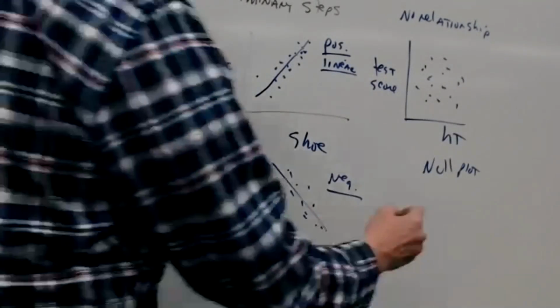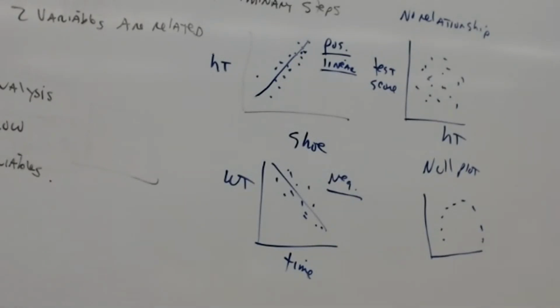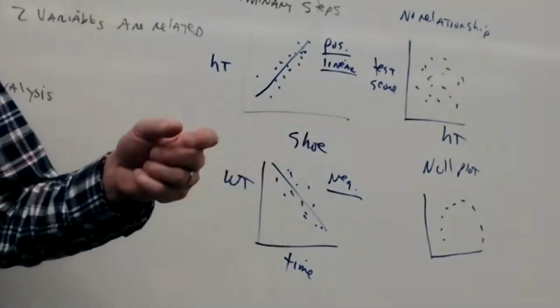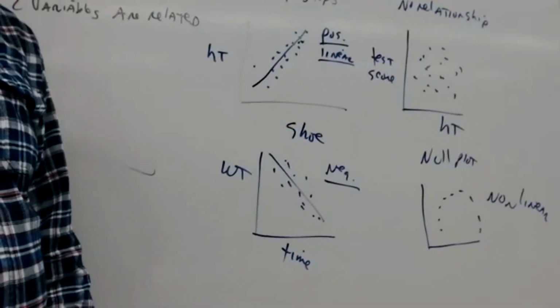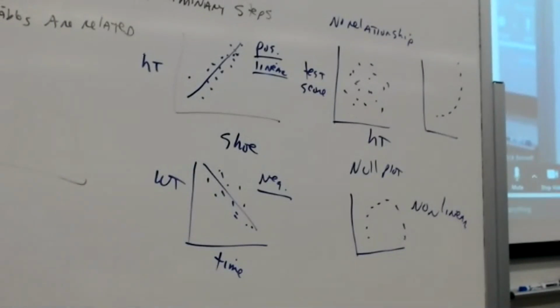Now there are lots of different relationships that you could have, okay? You could have something that looks like this, okay? Does that look like a straight line to you? No, okay? Now, other than the fact that I want you to recognize that this is non-linear, or if it was something that looked like this maybe, do you see that that's not a straight line either?